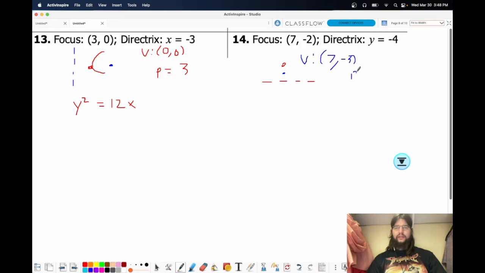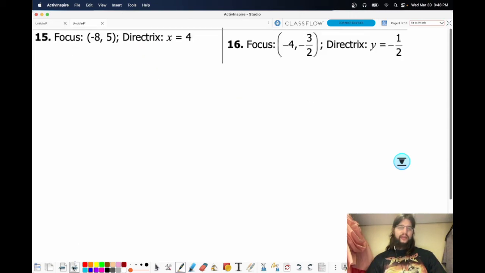P is 1 unit, and we are opening up, so it's positive. So we're going to do x part first. X minus 7 squared equals 4 times Y plus 3. Not too bad. We're just plugging in numbers into the formula, really.